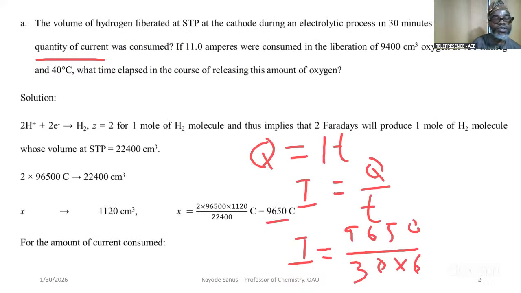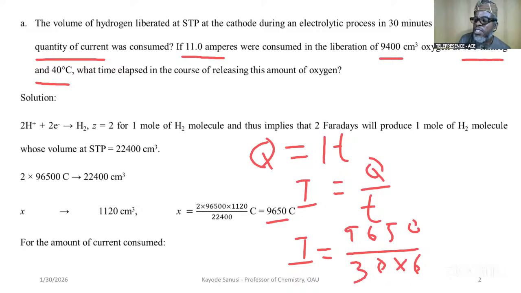So the second part of the question says if 11 amperes were consumed in the liberation of 9400 cubic centimeter oxygen at 750 millimeter of mercury and 40 degrees Celsius, what time elapsed in the course of releasing this amount of oxygen? This time around, we have been given the current, the amount of current that was used, and the volume produced.